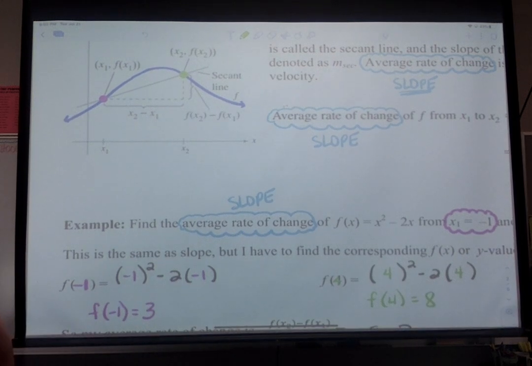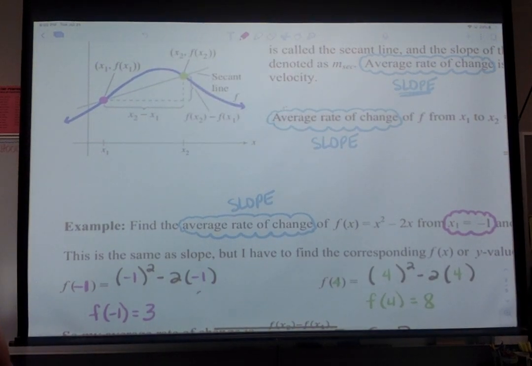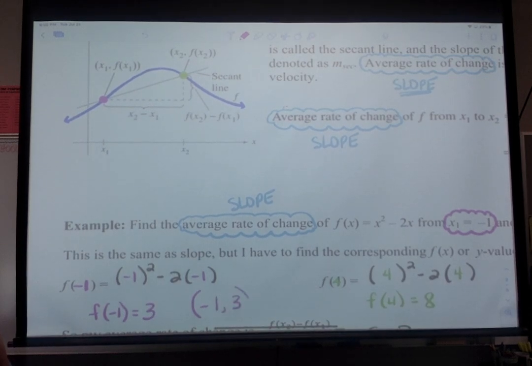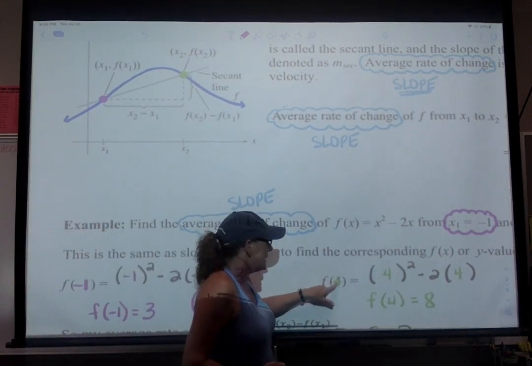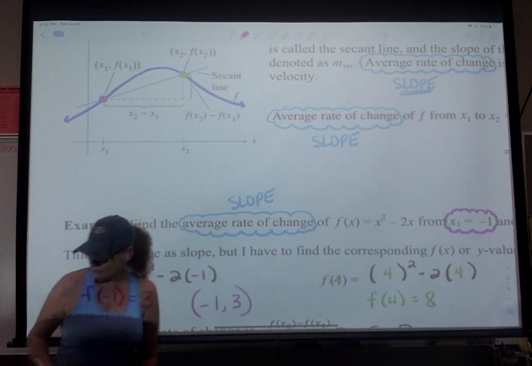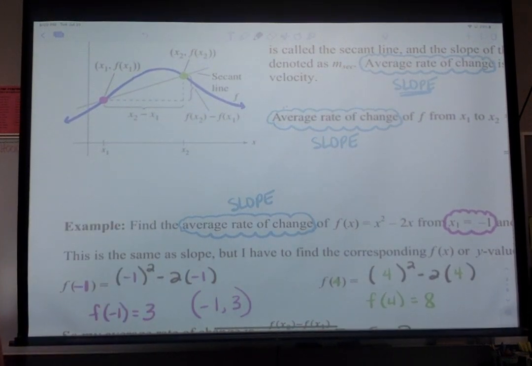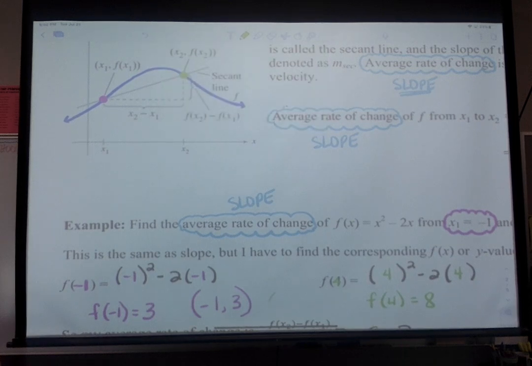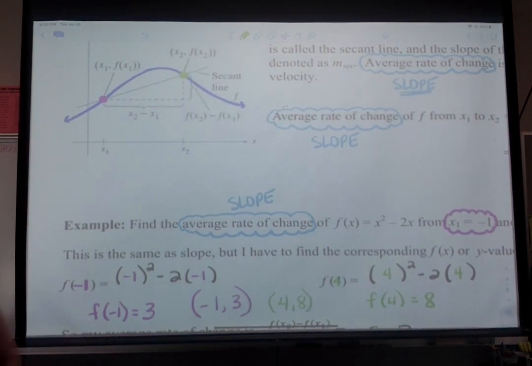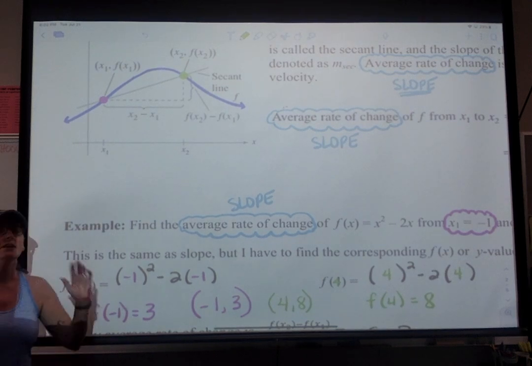So my pink point is actually -1, 3. And then I took my green x and plugged it in my function and I got 8 for my y value. So my green point is actually 4, 8. Now do slope.